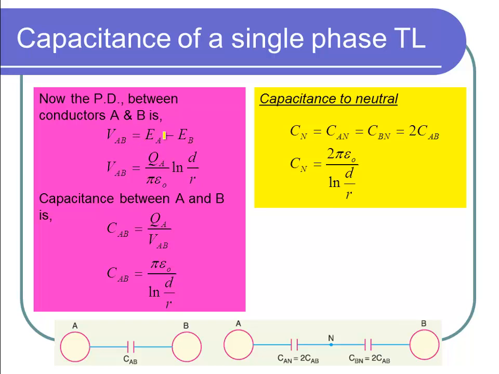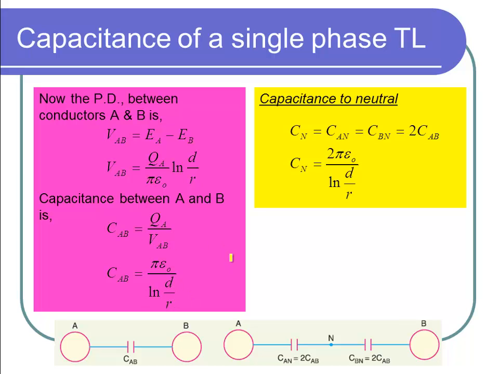VAB equals EA minus EB, and if we substitute, finally we get the equation QA by pi epsilon naught ln d by r. In order to calculate the capacitance, we have the equation QA by VAB, and on substituting the value we get CAB equal to pi epsilon naught by ln d by r.